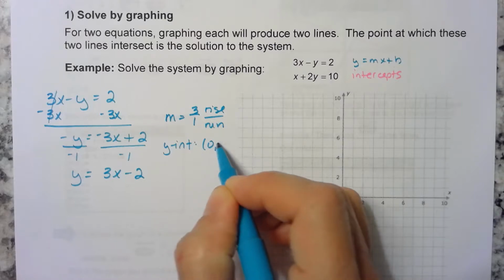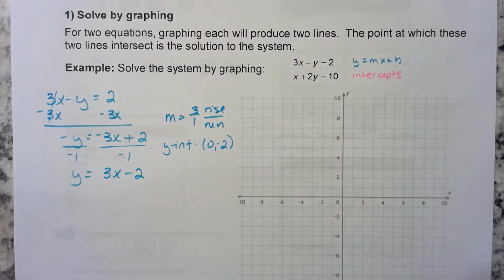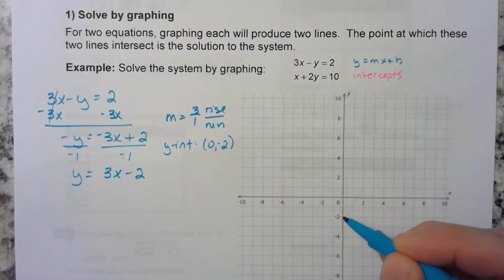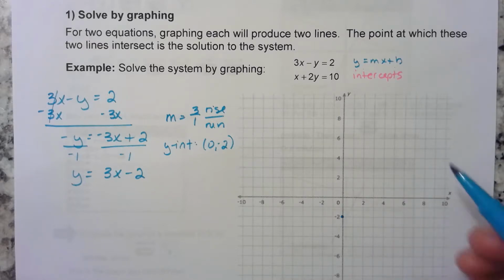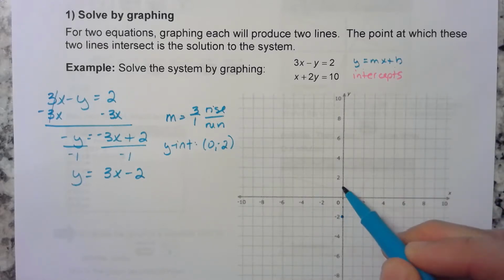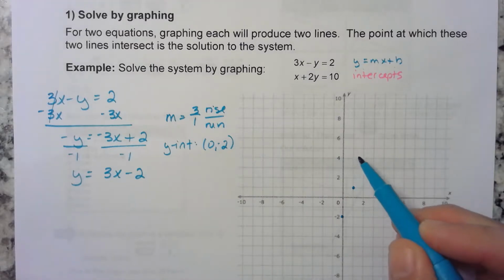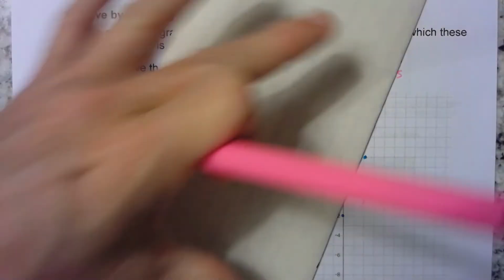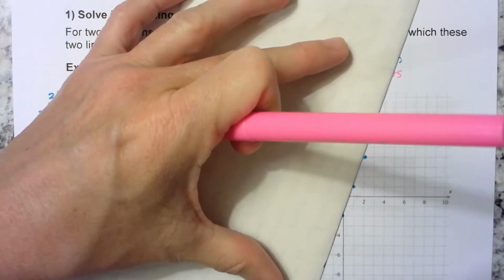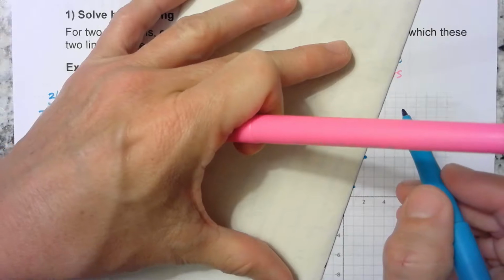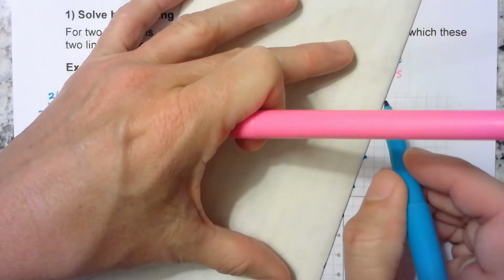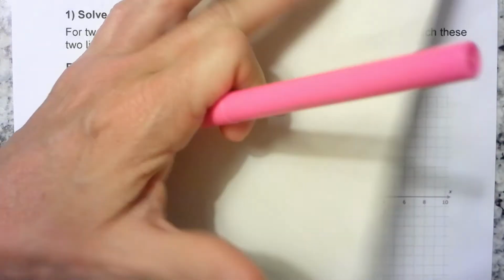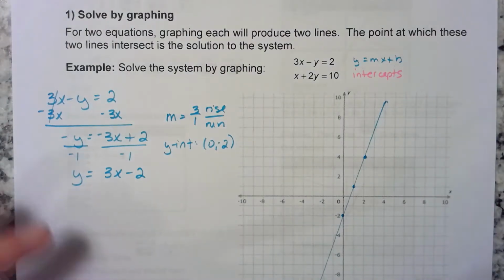So your y-intercept is the point 0, -2. So we go to 0, -2. Then we rise over run, 3 over 1, 3 over 1. And of course, we sketch the line. Whenever you solve a system by graphing, you want to try to be as exact as possible.